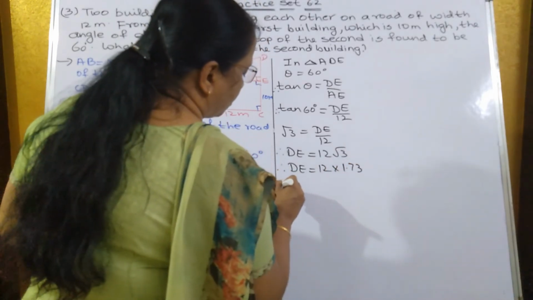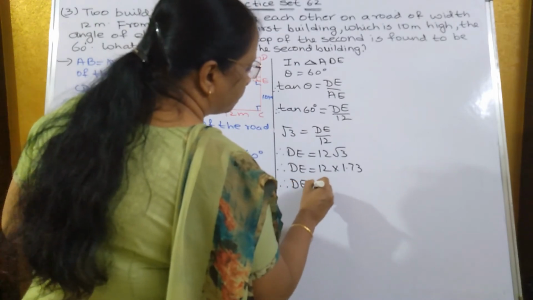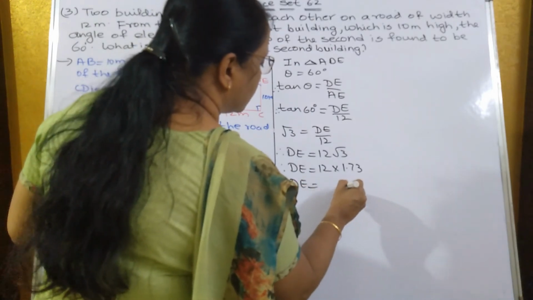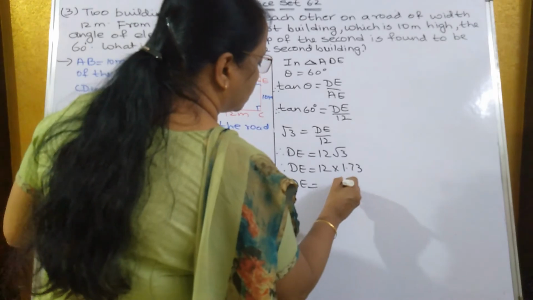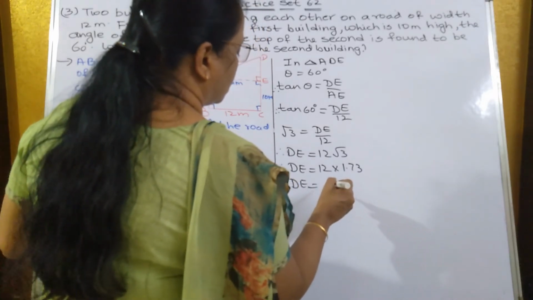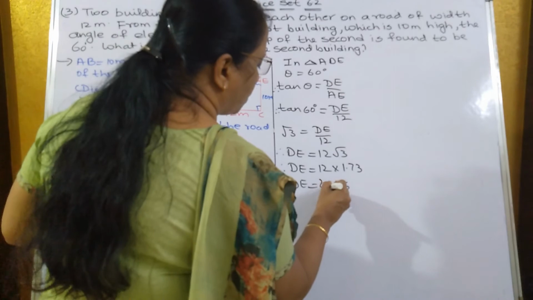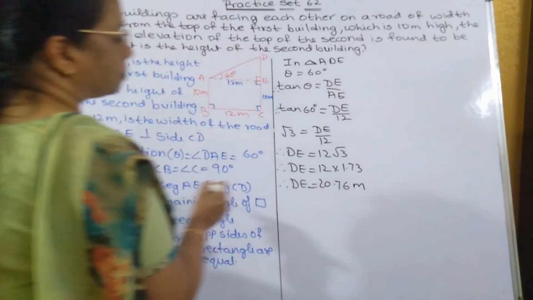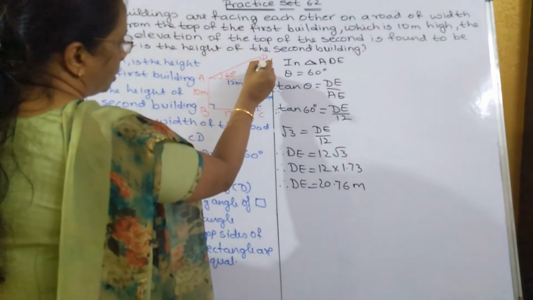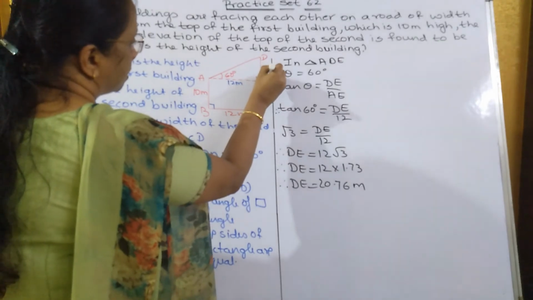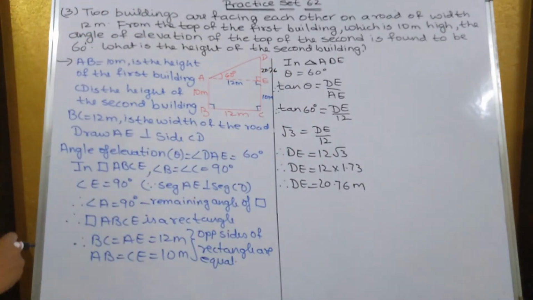So therefore DE is equal to 20.76 meter. So DE we have got 20.76 meter.